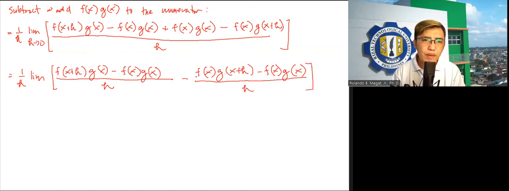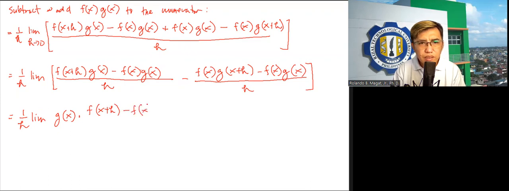And notice that in the numerator, the common factor in our first term is g of x, so we can take it out. So what I have here is 1 over h, the limit of g of x, common factor, times f of x plus h minus f of x over h, as h approaches 0.